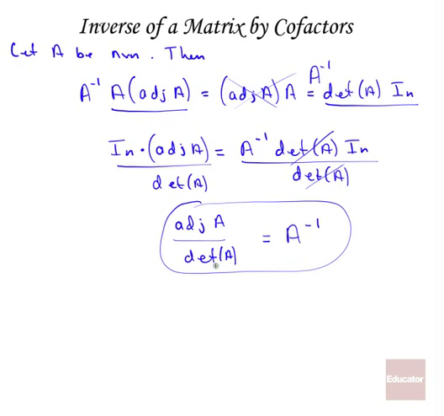Well, notice something really interesting here. The determinant is a number. If the determinant is 0, we know that division by 0 is not defined. So if you know the determinant of a matrix is 0, that automatically tells you that the inverse doesn't exist. So now we're going to write that as a theorem.